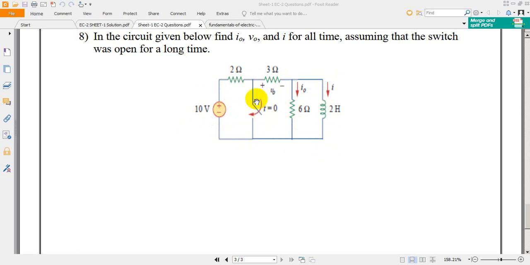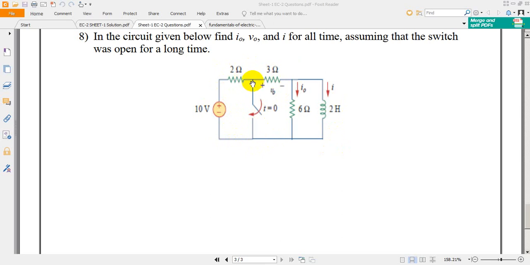Under this condition, you need to evaluate the current here. Then for calculation of I, we need to evaluate the tau when this is short circuited. When this is short circuited, this will get removed.